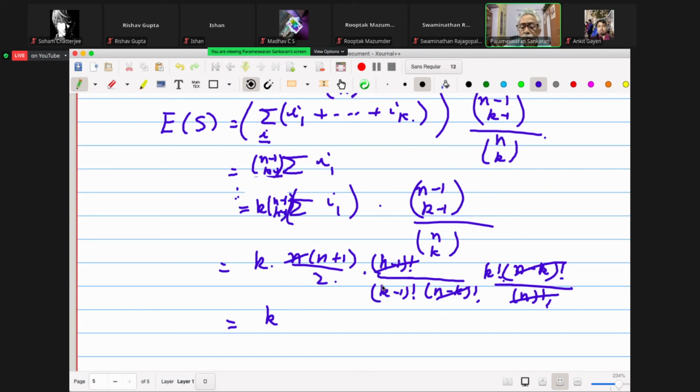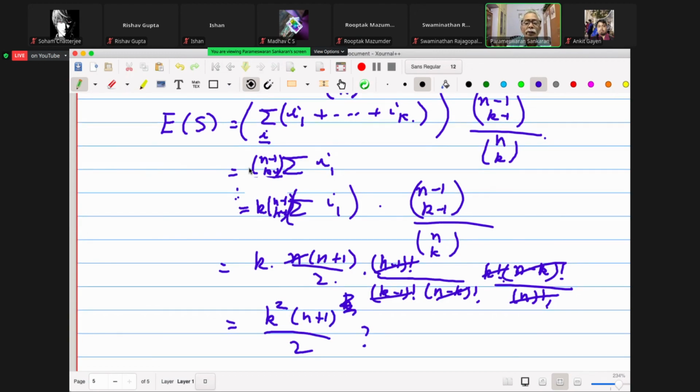There is a k factorial here and there is a k minus 1 factorial here. So I seem to be getting a k square here actually. K square times n plus 1 by 2, but I'm not sure if this is correct. There is also this factor. So you try to complete this.